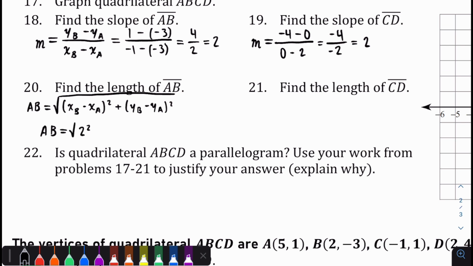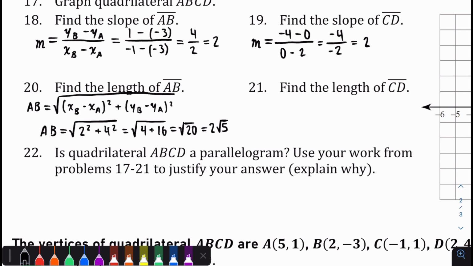So I can write that as 2 squared. And I already did y sub b minus y sub a, and I got 4. So I'll put 4 squared. So 2 squared is 4. 4 squared is 16. So square root of 20, which simplifies to 2 square root of 5. Your yellow calculators would tell you that.